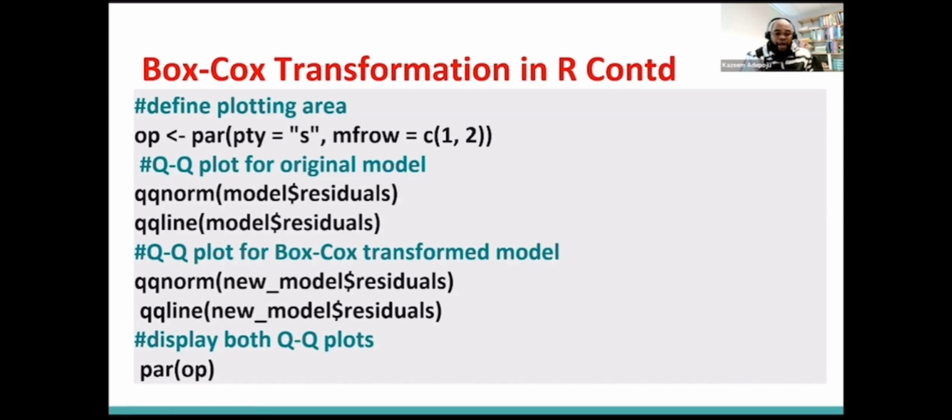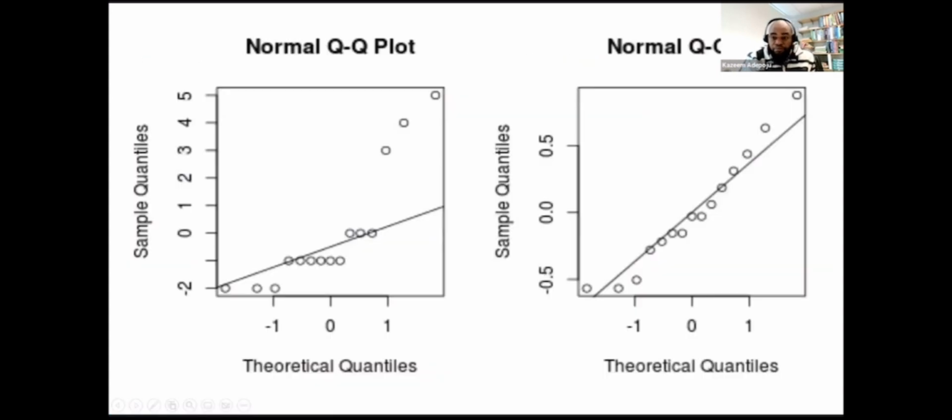Now how do I know the transformed variable works? I'm going to revisit investigating for normality by getting the QQ norm. The QQ norm of the original model is going to show a violation, and by the time you transform and do the QQ norm of the new model, let's see what happened.